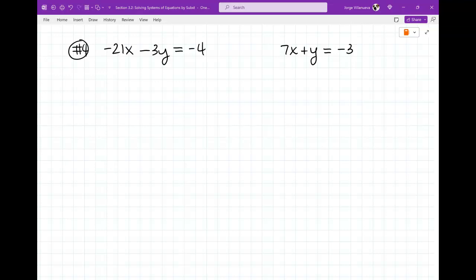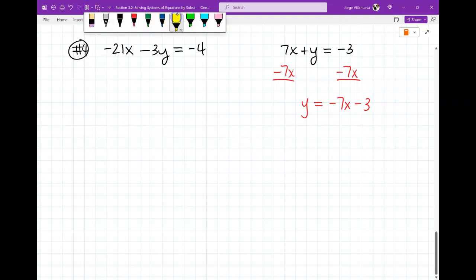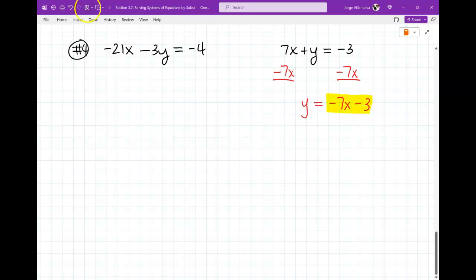In order to do that, we're going to have to move 7x over to the right side, so let's subtract it. So y is equal to negative 7x minus 3. We got our equation solved for y. So let's plug that into the other equation. I'm going to highlight that because that's the part we're putting in. I'm going to get this and plug it in right there.